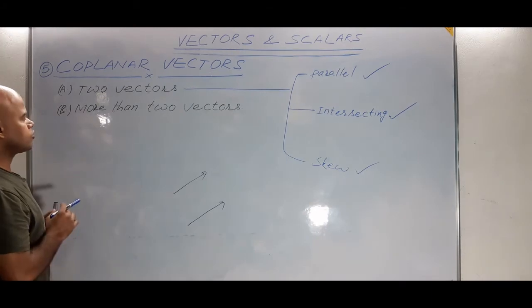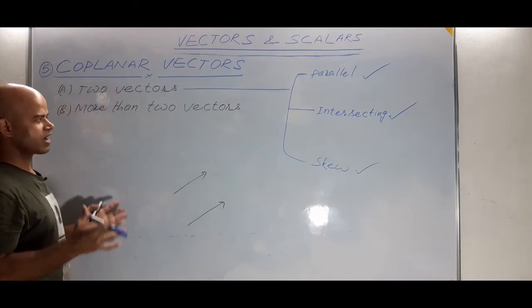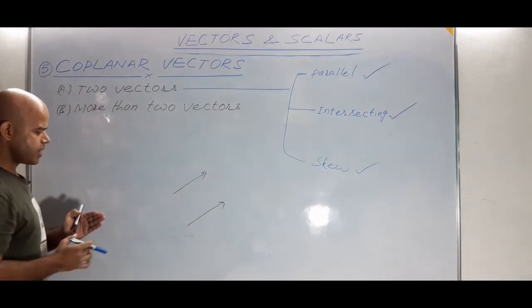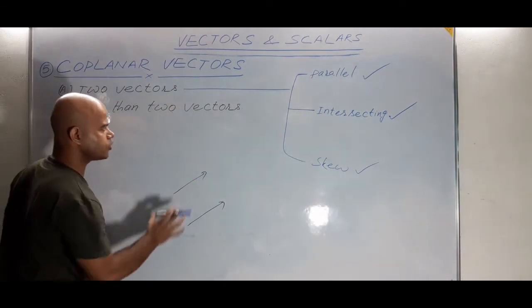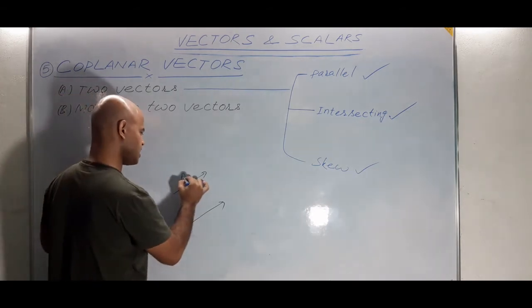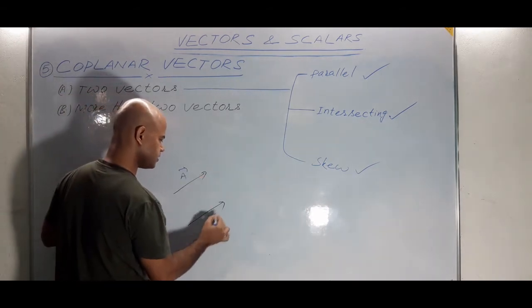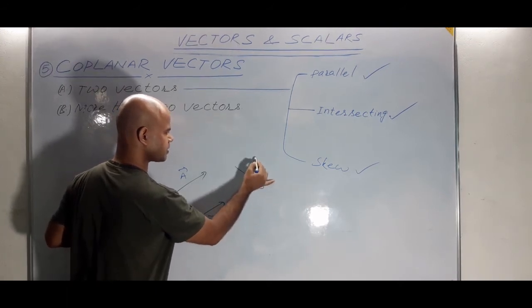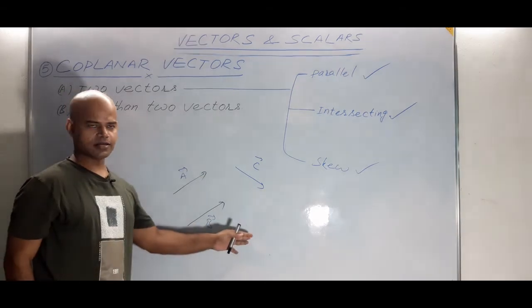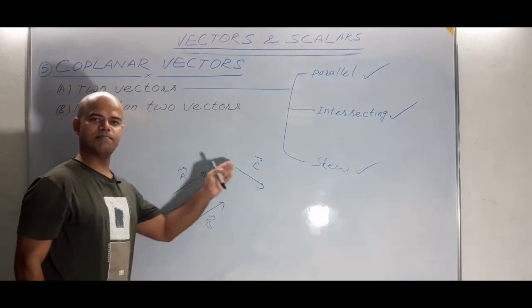Now let's talk about more than two vectors: 3 vectors, 4 vectors, 5 vectors and so on, right? I'll try to make this point clear to you by taking a simple example. Let's take these vectors, A vector, B vector and this C vector. These are coplanar vectors because they lie in the same plane.